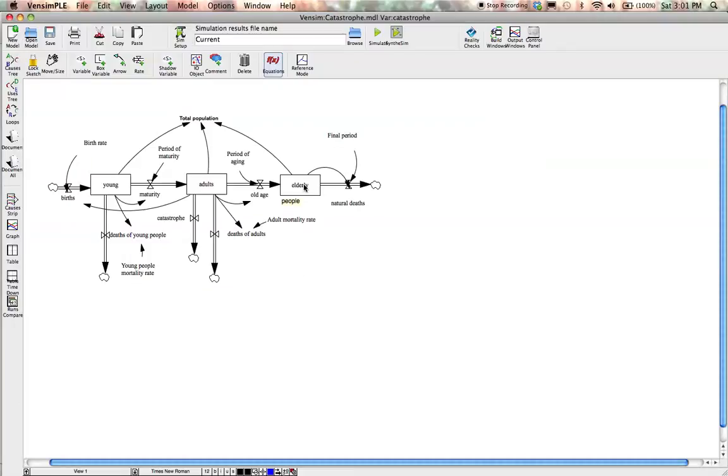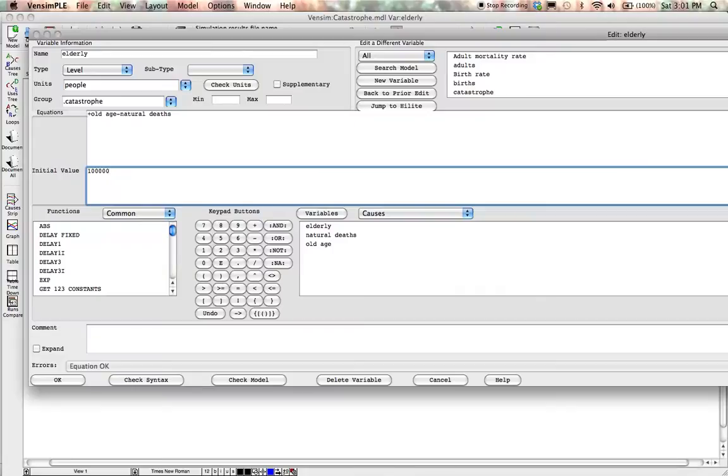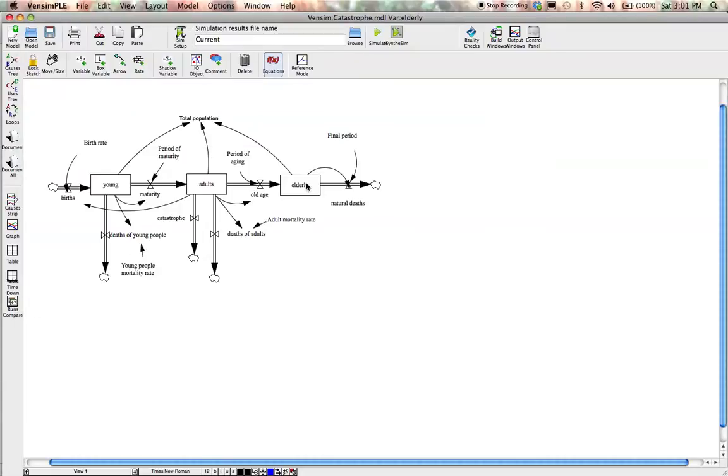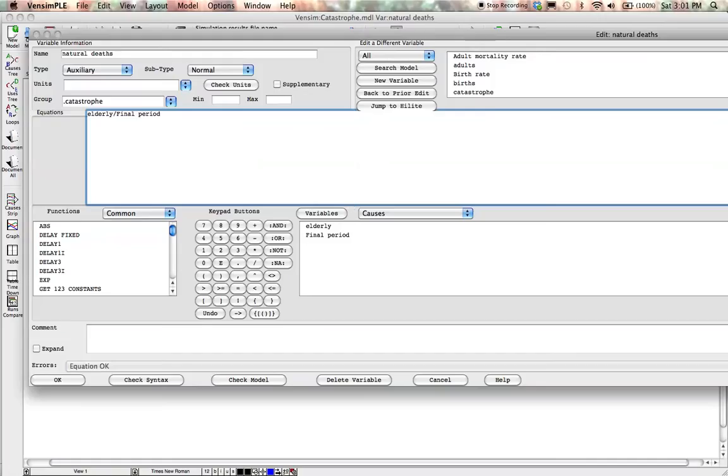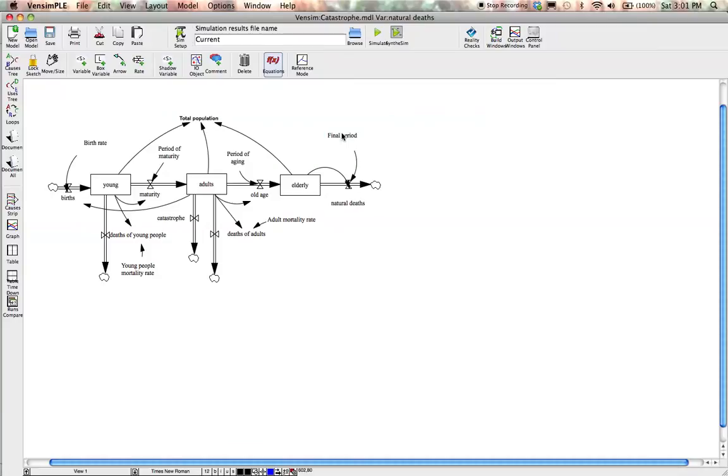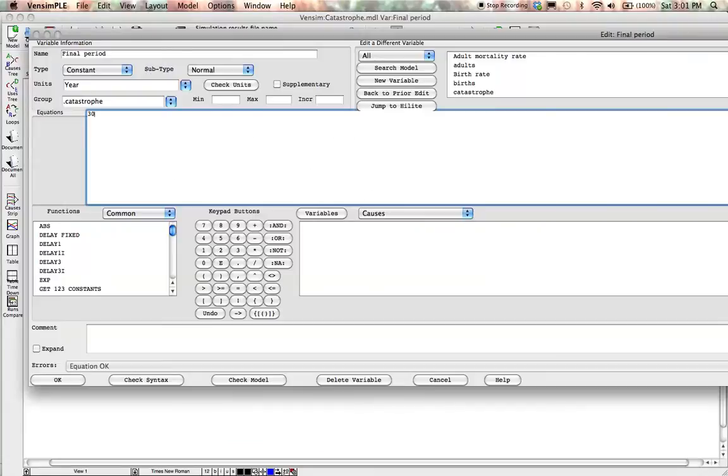Then if we look at the elderly, the elderly are fed by aging adults, and then are decreased due to natural deaths. And the natural deaths are driven by a so-called final period. Let's take a look at that variable. Final period, it's a period of years.